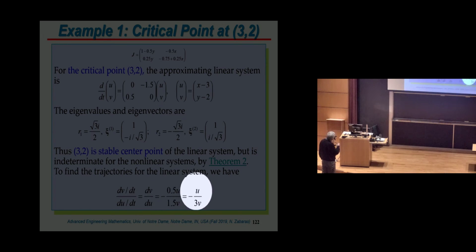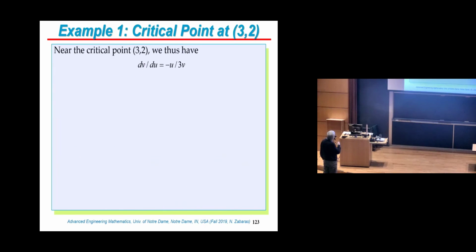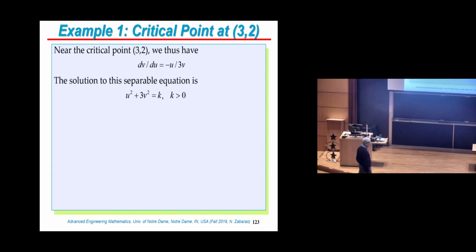You notice here that I get a separable equation for u and v. So actually I can integrate, and when you integrate, this equation looks like that, where k is a constant. What type of equation is that? That's an equation of what shape? It's an ellipse, all right?